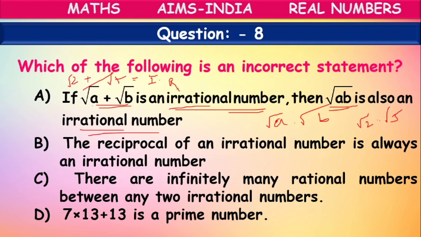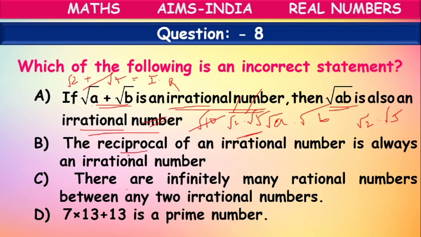Okay, irrational number. But what about their product, root 2 into root 5? What will it become? Root 10. Root 10, how to write it again? We can write it as root 2 into root 5 only, where both are irrational numbers. Their product is also an irrational number. Okay, this statement is correct, but they are asking for the incorrect statement. So this statement is correct.